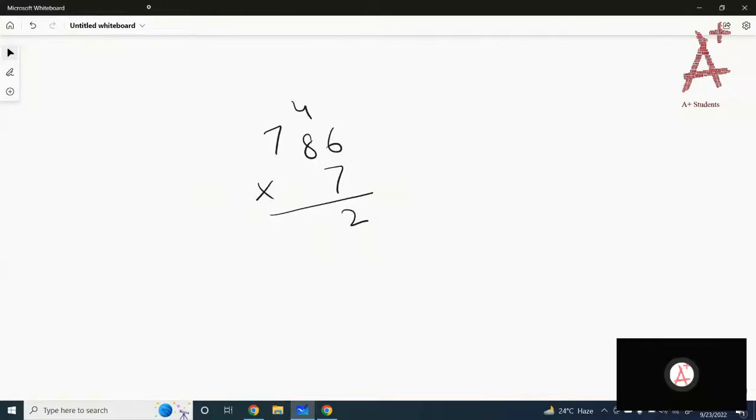Write 2 and carry 4. 7 times 8 is 56, and 4 is 60. Write a 0 and carry 6. 7 times 7 is 49, and 49 plus 6 is 55. So it is 5,502. Got it?